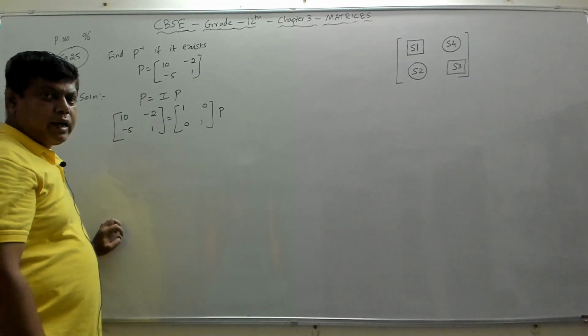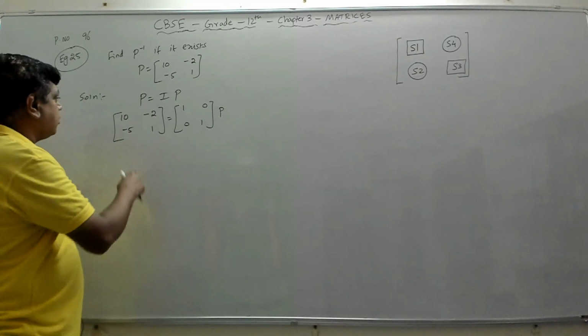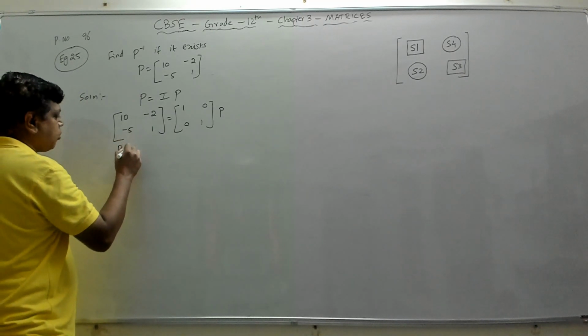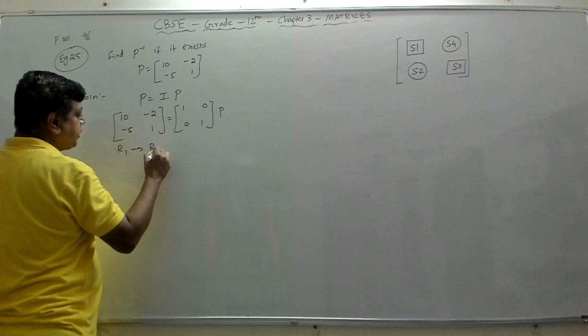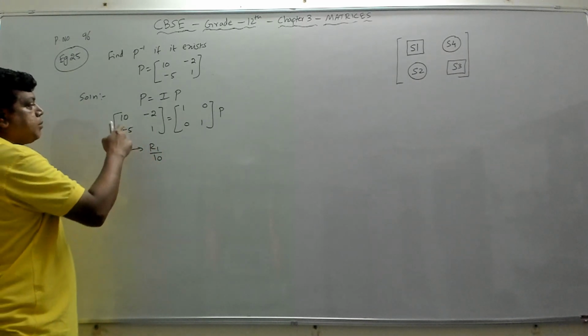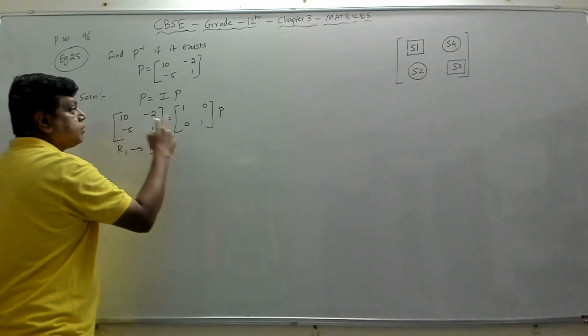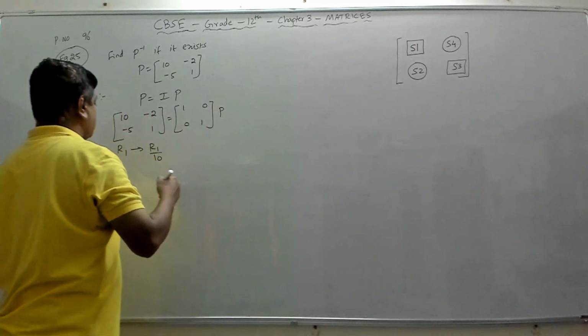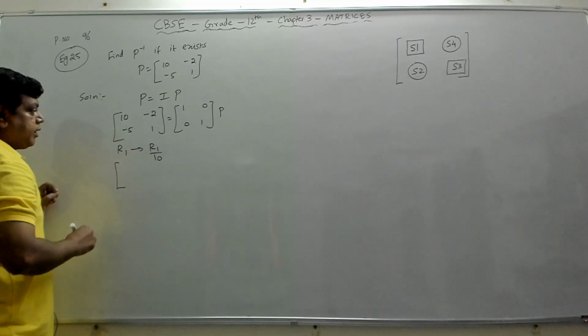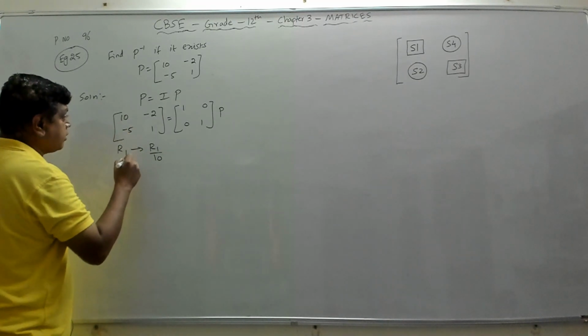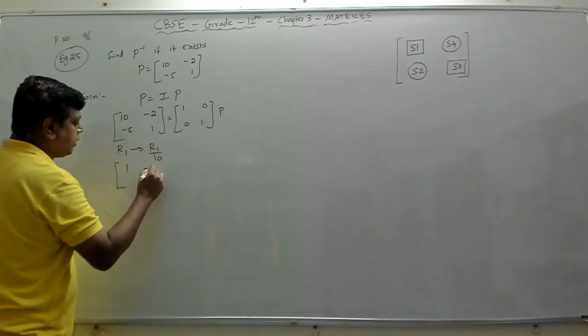That's the easy way to make this 1. So the operation we apply is R1 becomes R1 by 10. I'm going to divide each element by 10, or multiply by 1 by 10. Then 10 by 10 I'll get 1, which is step 1. So row 1 is 10 by 10, which is 1, then minus 2 by 10, which is minus 1 by 5.